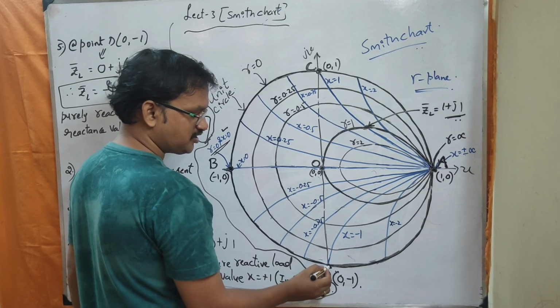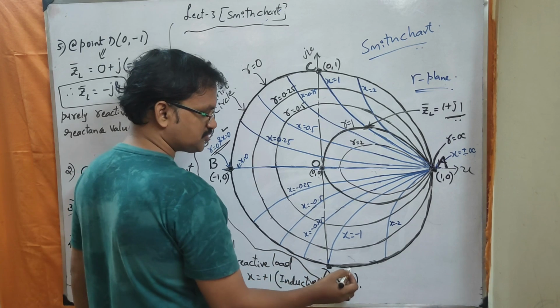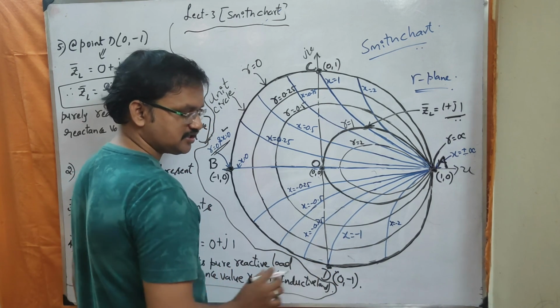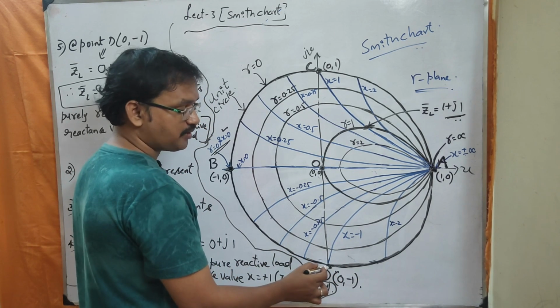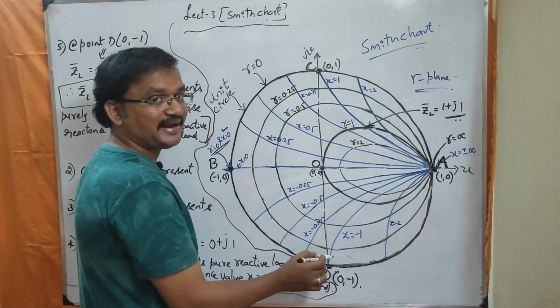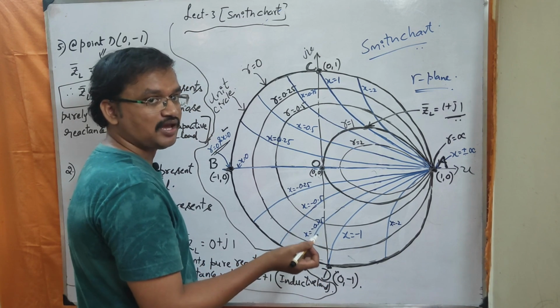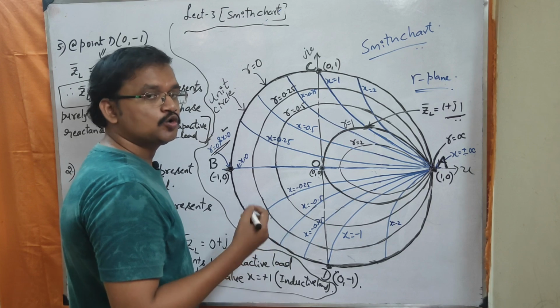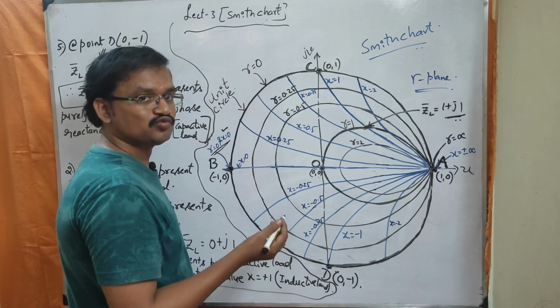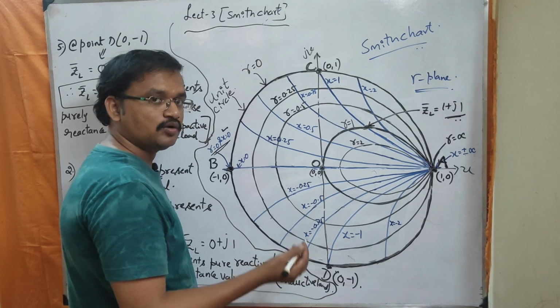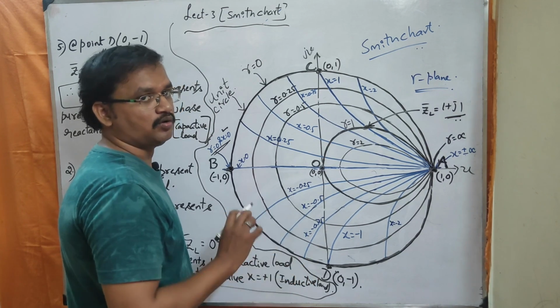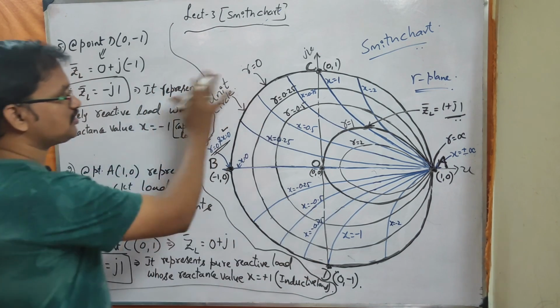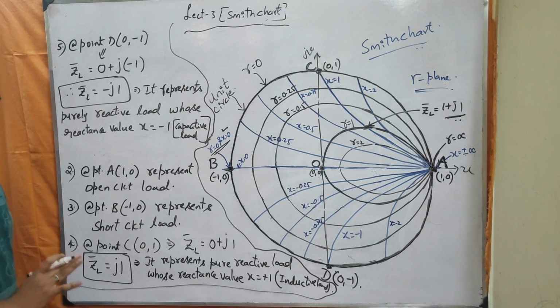Similarly, at this point the R equal to 0 circle and X equal to minus 1 circle are passing, and hence the normalized load impedance will become minus j1. That means it also represents a purely reactive load whose reactance value is minus 1. Since the reactance is negative, it represents a capacitive load. Understood? So these are the important points or locations on the Smith chart. Understood?